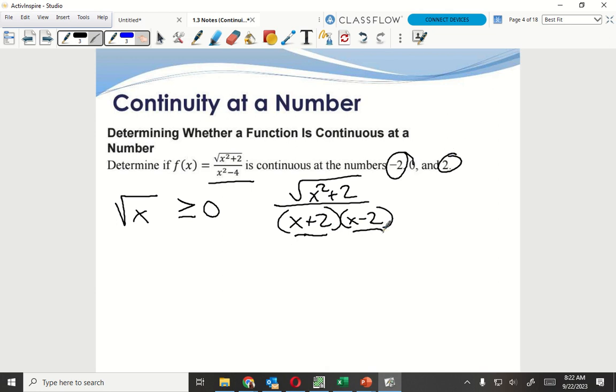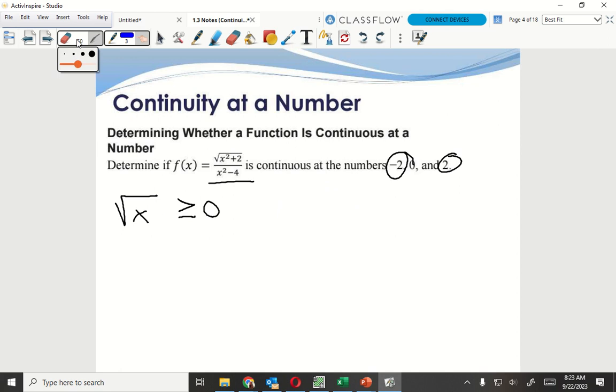And this positive 2, so 2 minus 2, would make the second one equal to 0. Even though 2 plus 2 is 4, anything times 0 is still 0. So that means it's 0 in the denominator, so it is not continuous. Those points are not continuous.